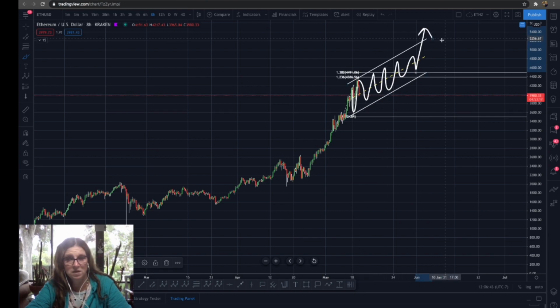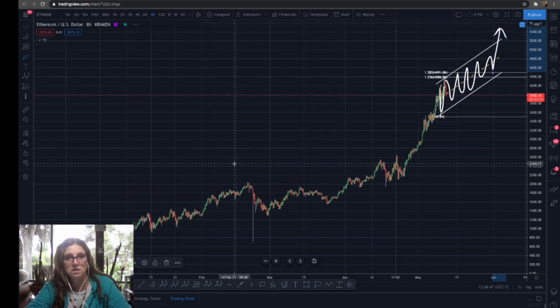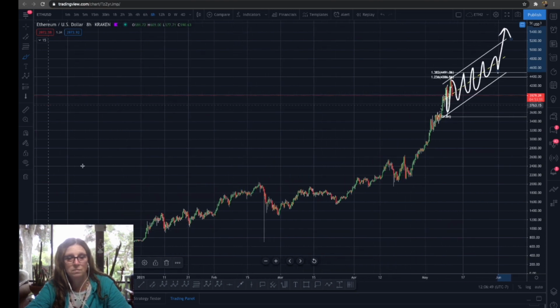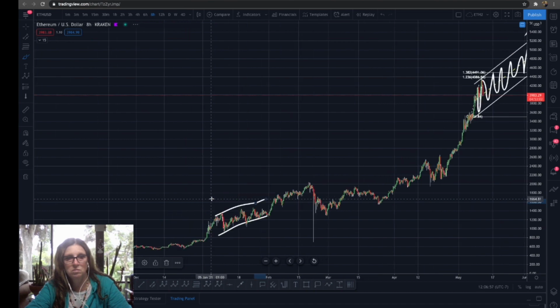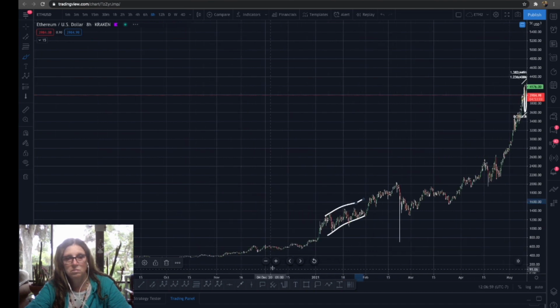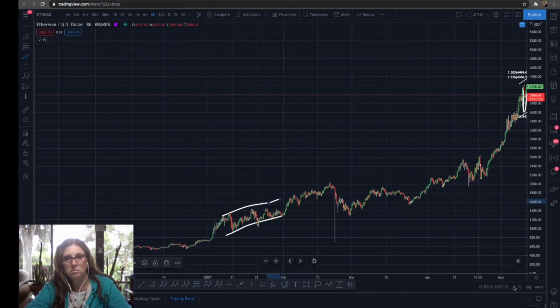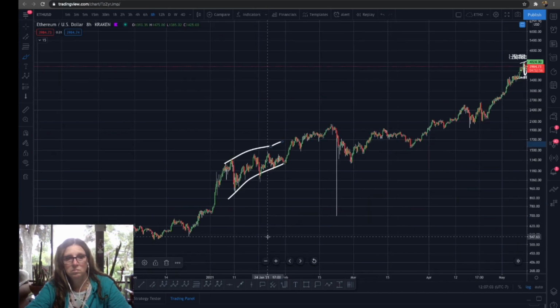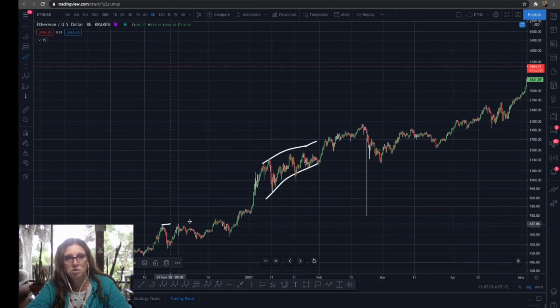That's basically what I see happening because of the way it's done it every single time. Here. Channel. Here. Channel. Higher highs, higher lows. We break out to the upside.